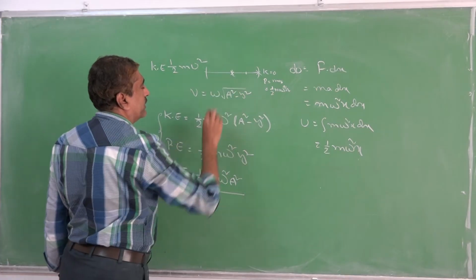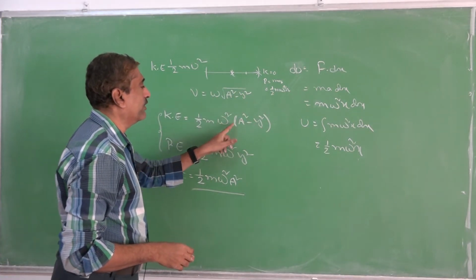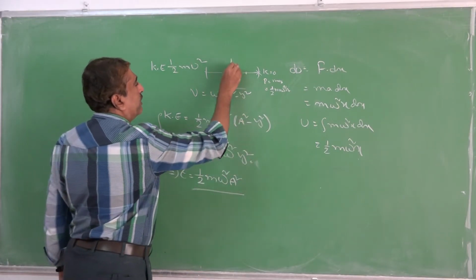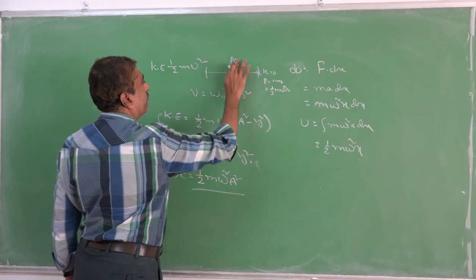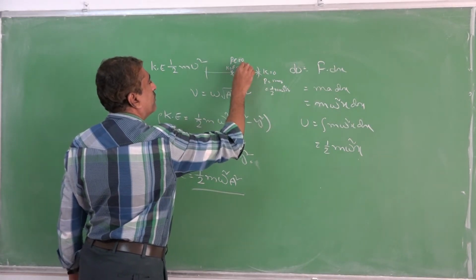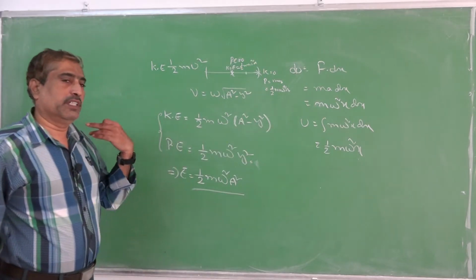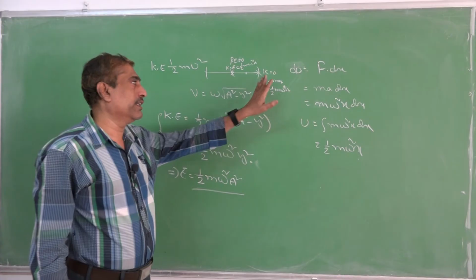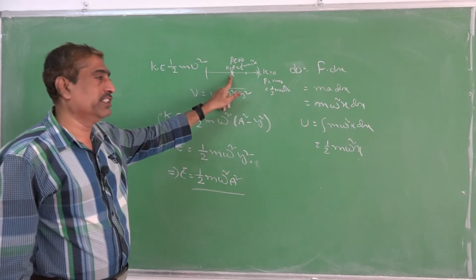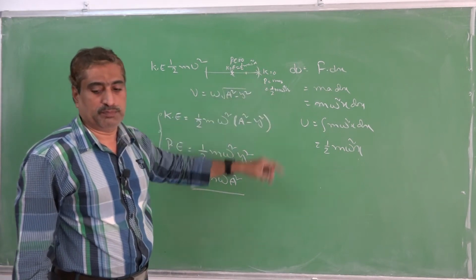At the mean position, y is 0, so PE is 0 and KE is equal to half m omega square a square. So, maximum potential energy will be possessed by the oscillator at the extreme position, and at the mean position kinetic energy is maximum and potential energy is 0.